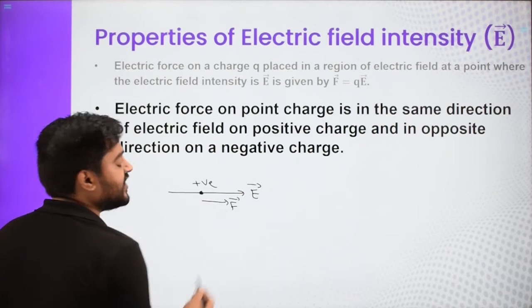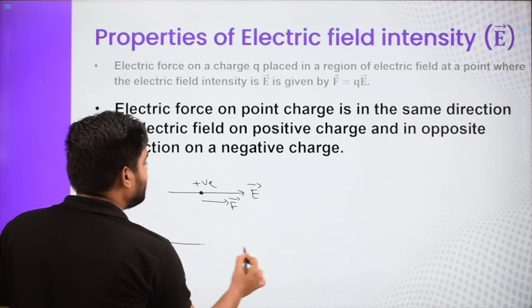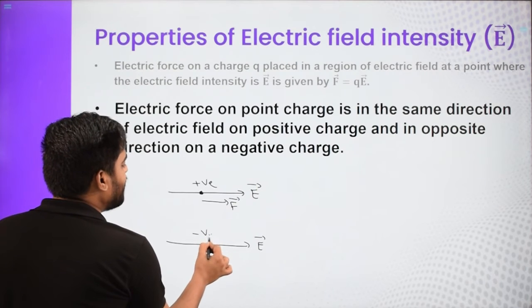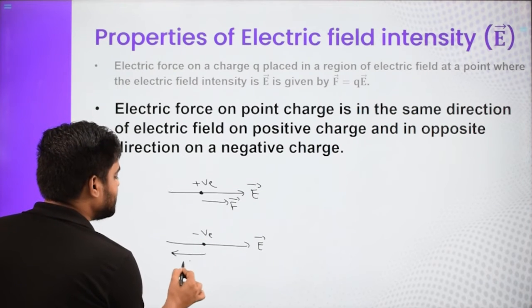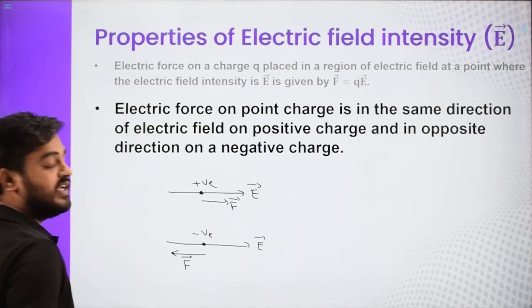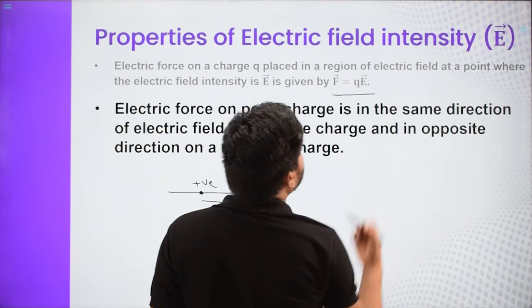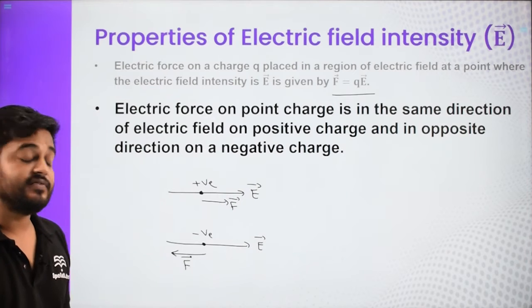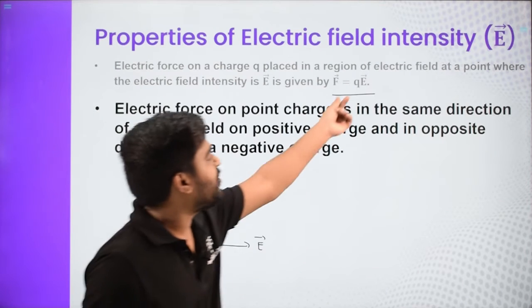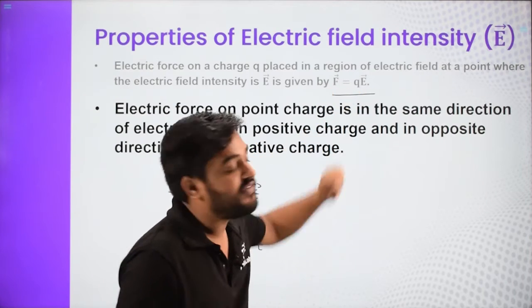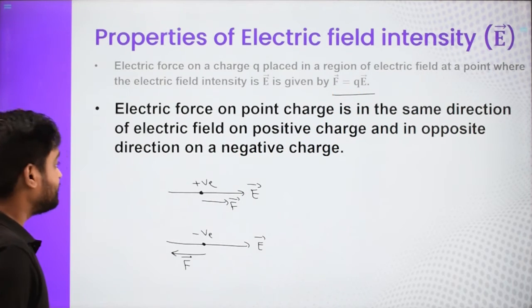Then if this is the electric field intensity at this particular point and you put a negative point charge, then the force experienced will be in the opposite direction to that of electric field intensity. So again, in this formula, F is equal to QE, if you put your Q with proper sign, if Q is positive, direction of E and F is same. If Q is negative, then direction of F and E is opposite.